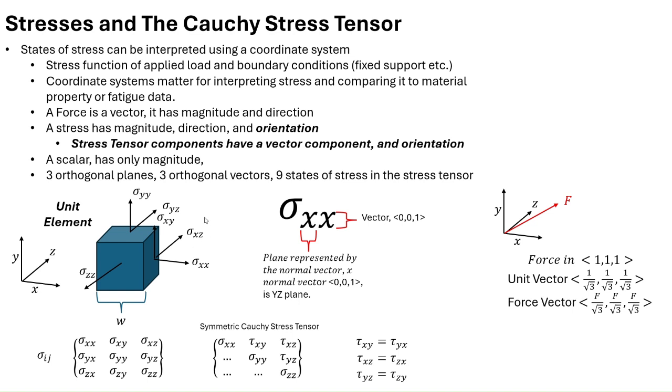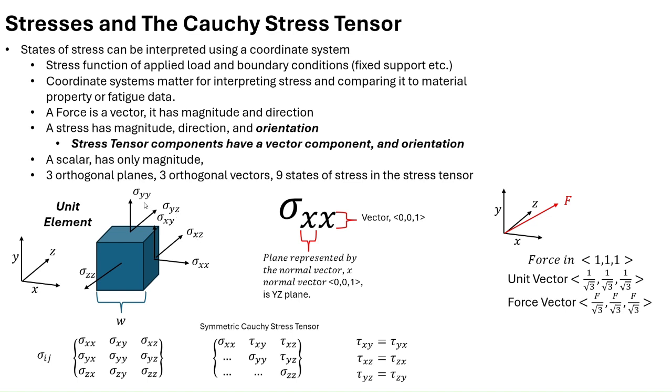Now, I'll do another example for this stress component here, this sigma xz. So this would be the stress as defined by the force in the z direction acting on the plane defined by the normal vector in the x direction, which would be the stress by the force in the z direction acting on the yz plane. And this would be a shear stress.